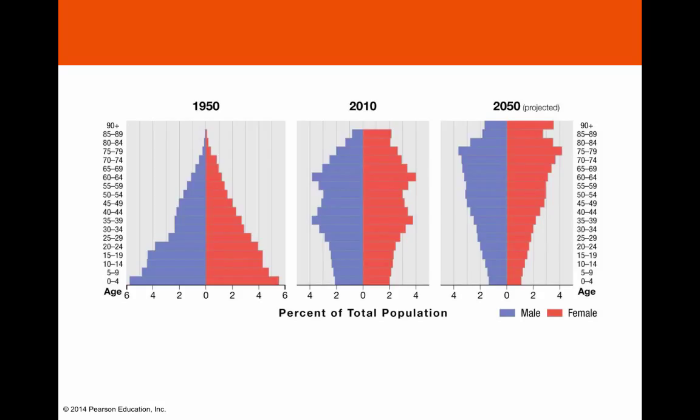But as medicine begins to improve and as healthcare improves over time, people will be living much longer. But look at this, guys. That's a little unnerving, isn't it? That's kind of scary. Because women will outlive you by a lot.